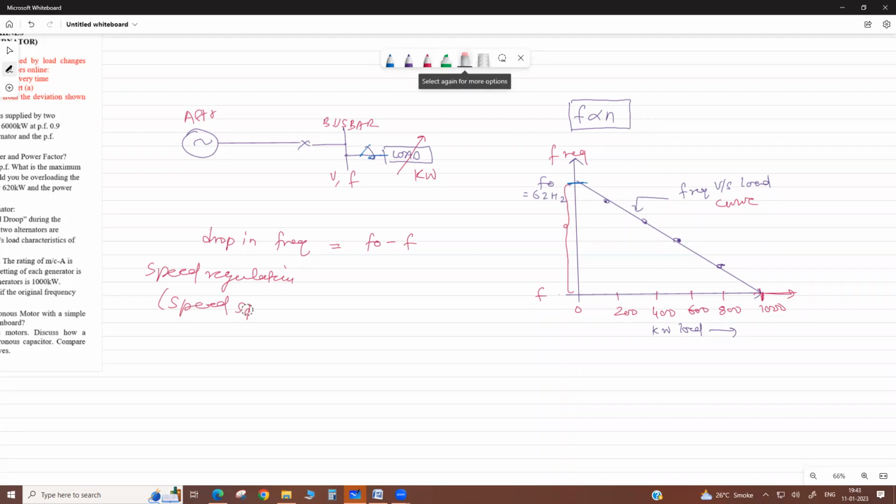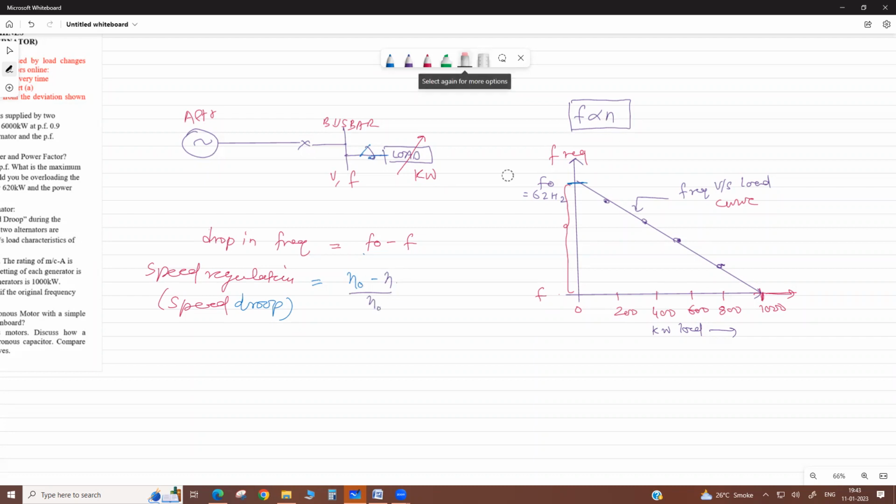Percentage speed droop, okay? It is called percentage speed droop. That is nothing but the no load speed minus the full load speed, divided by the no load speed.